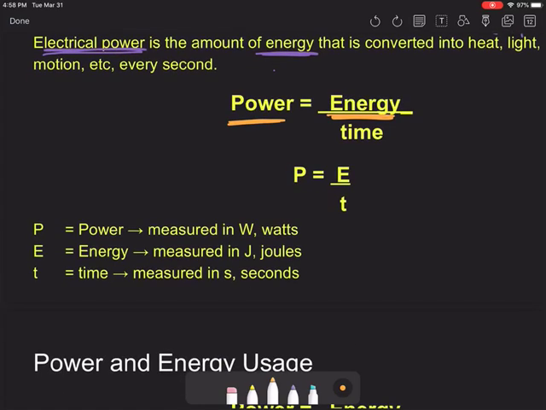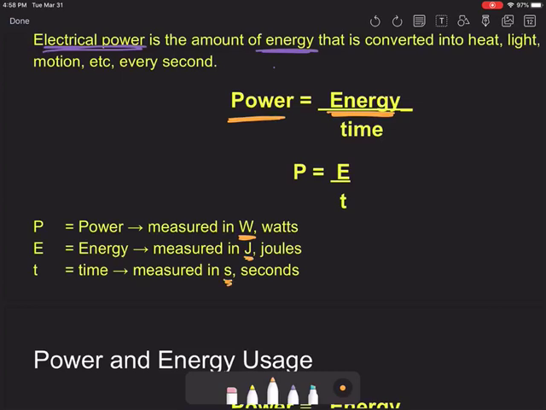Power is measured in watts, abbreviated by the capital letter W. Energy is measured in joules, abbreviated by the uppercase J. And time, as we know, is measured in seconds. So if we're ever given values that aren't in watts, joules, or seconds, we might have to do a little bit of converting first. But that is something we're more than capable of. We're a smart bunch. Okay?